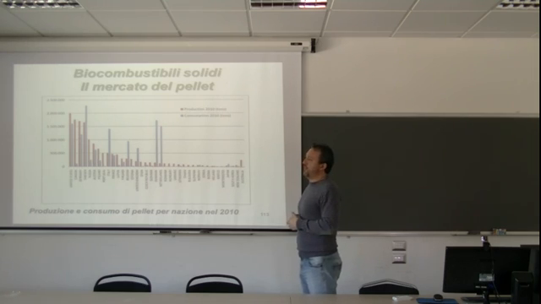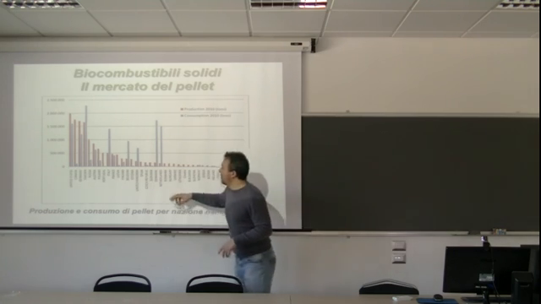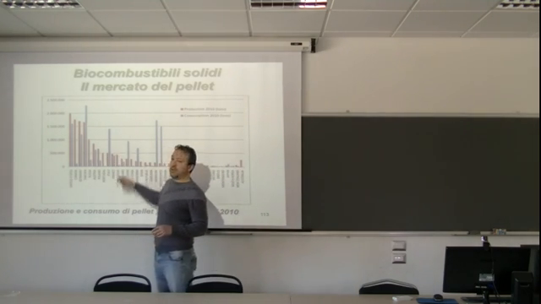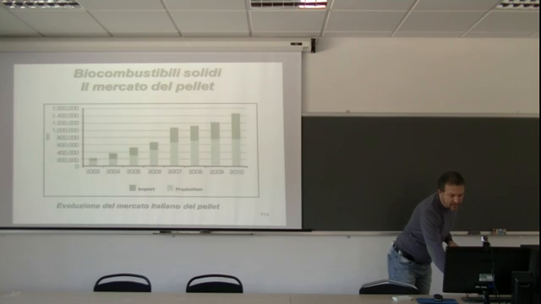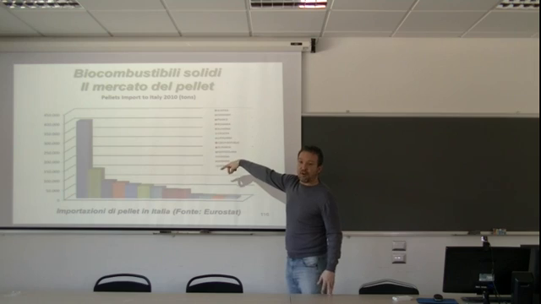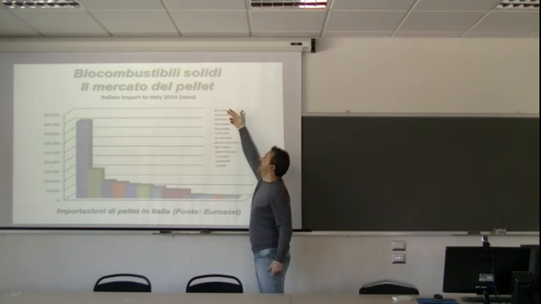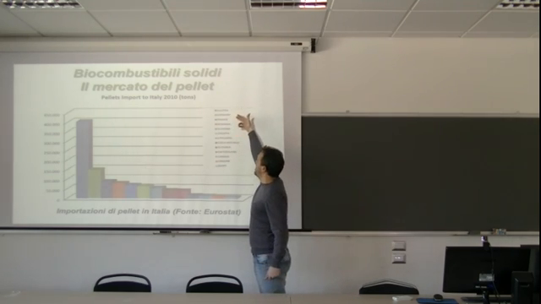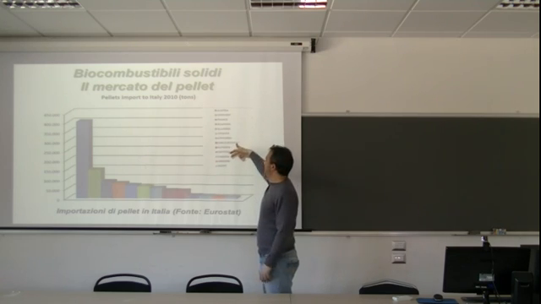For example, the pellet is not considered so environmental friendly because, of course, a large part of pellet is imported from Europe or from all over the world. I should have another slide that shows where pellet comes from to reach Italy. And okay, Austria is very close to Italy, Germany is very close to Italy, but Romania, Lithuania, Canada is very, very far away.